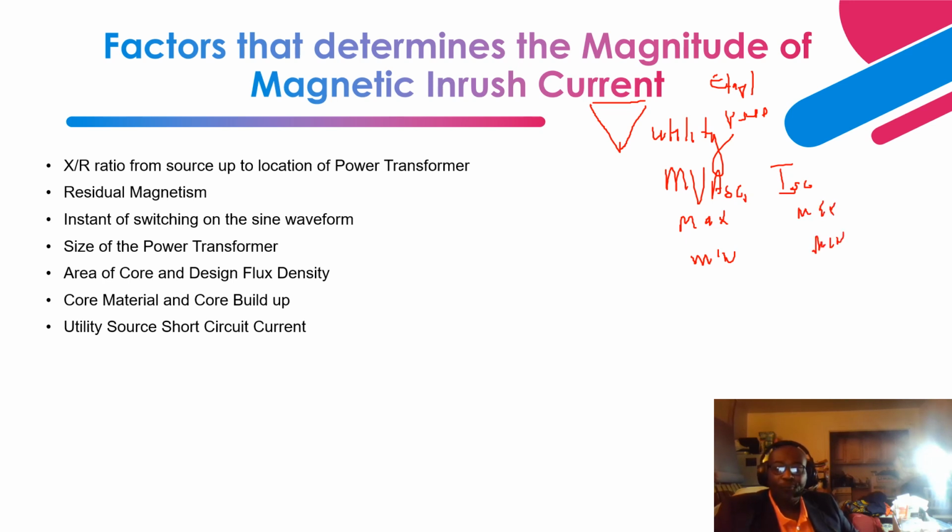Then, as part of the short circuit component, you can have a single line to ground short circuit or a bolted three-phase fault short circuit contribution. Then you can have an X over R ratio of the utility source. And what does the X over R ratio mean?